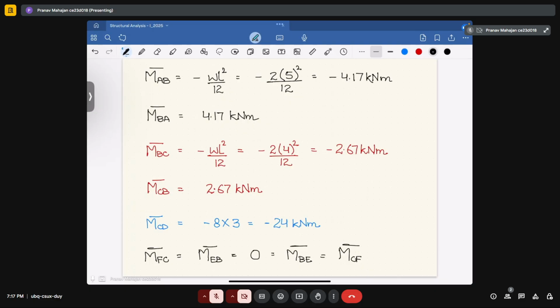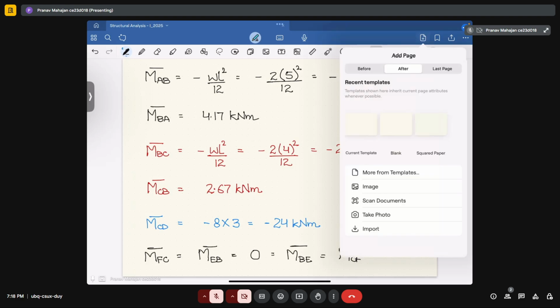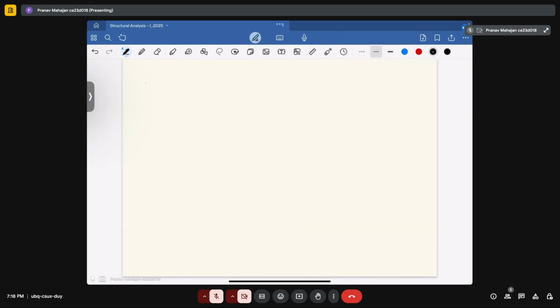Fine. Now all the fixed end moments we have calculated. Now what we will do? We will draw the table and calculate the moment distribution factors for this case. So in this, first we will write the joint. Next your member.